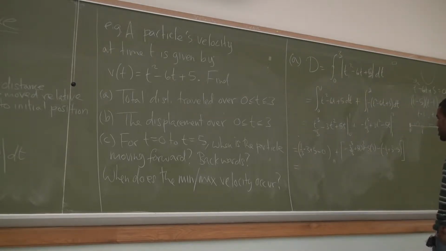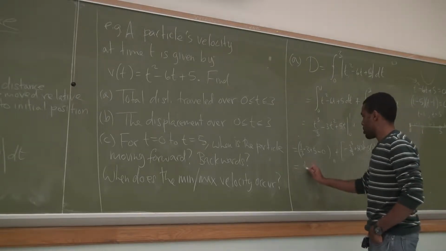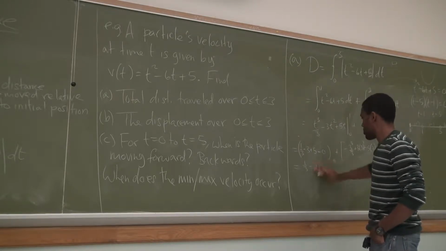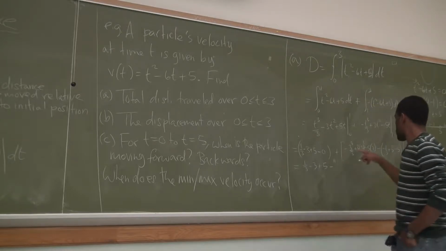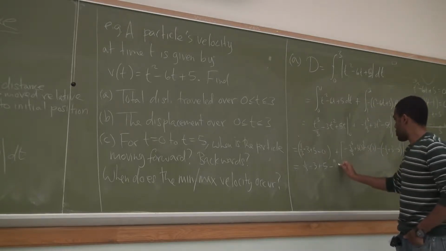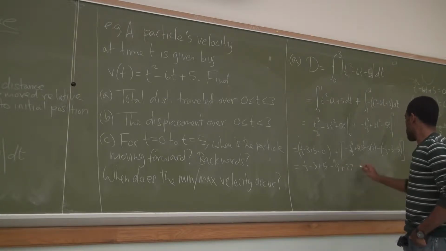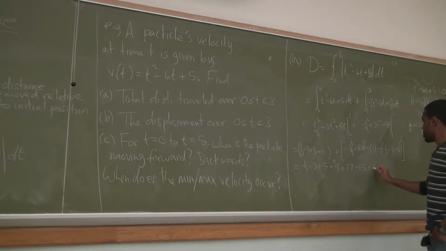Does anything simplify or cancel? Not really. It's 1/3 minus 3 plus 5. Minus, this is just 3 squared, minus 9 plus 27 minus 15, plus 1/3 minus 3 plus 5.